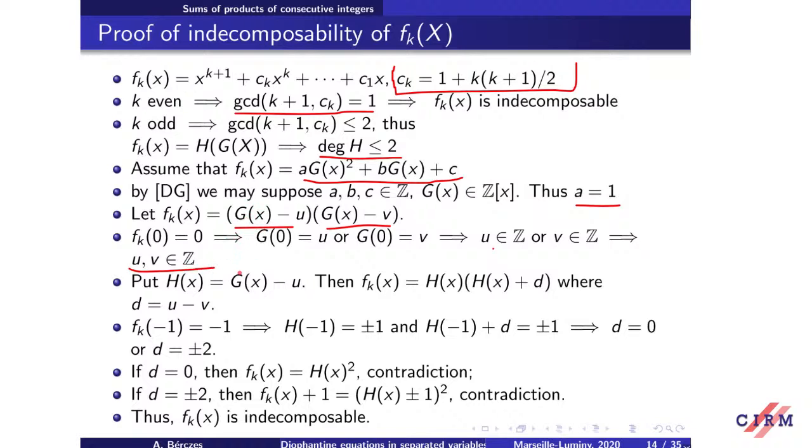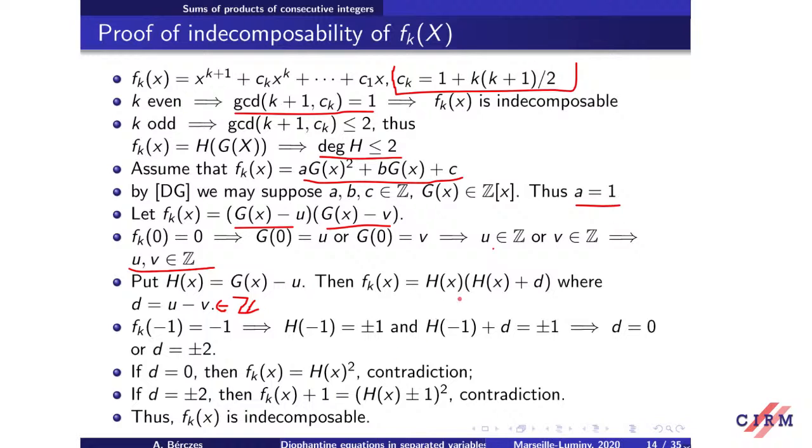So we may just denote g of x minus u by h. Then g of x minus v will be h of x plus d, where d is u minus v. What is important is that this d is an integer. So now we have fk of x equals h times (h plus d). Let us use the property of fk of x that fk of minus 1 is minus 1.